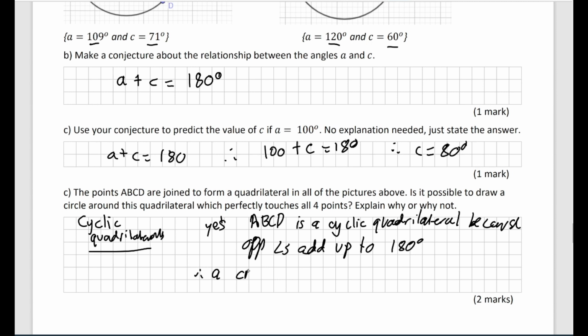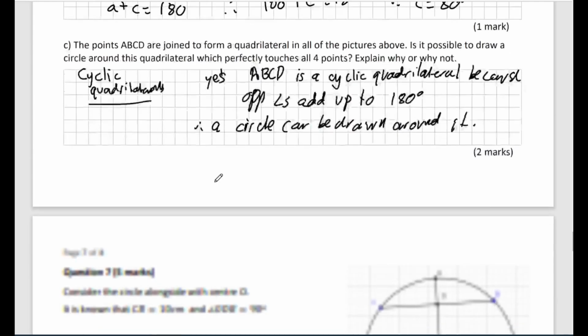Therefore, a circle can be drawn around it. Beautiful. And touch all points.